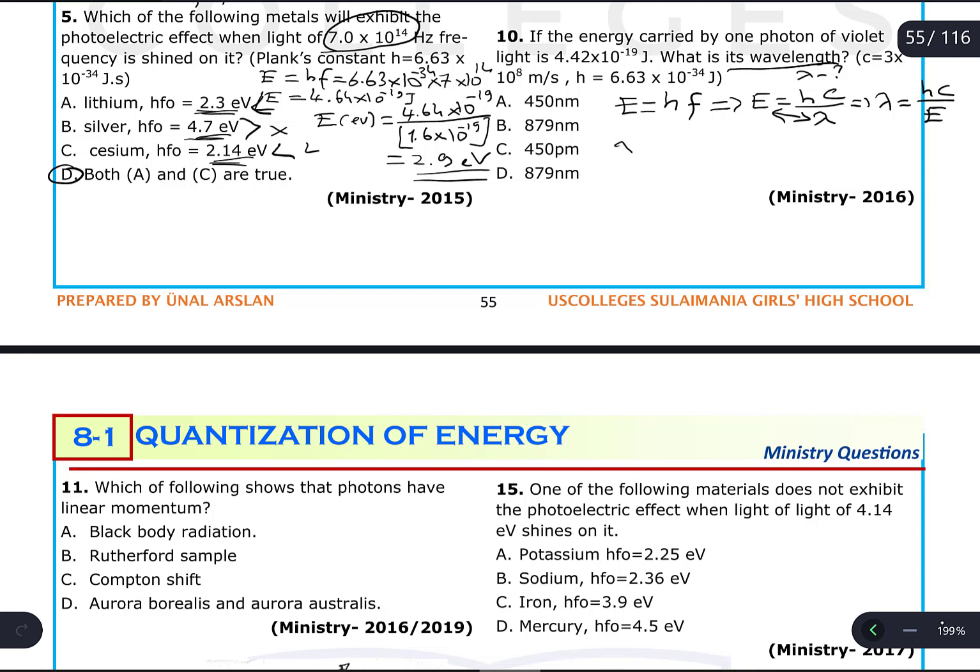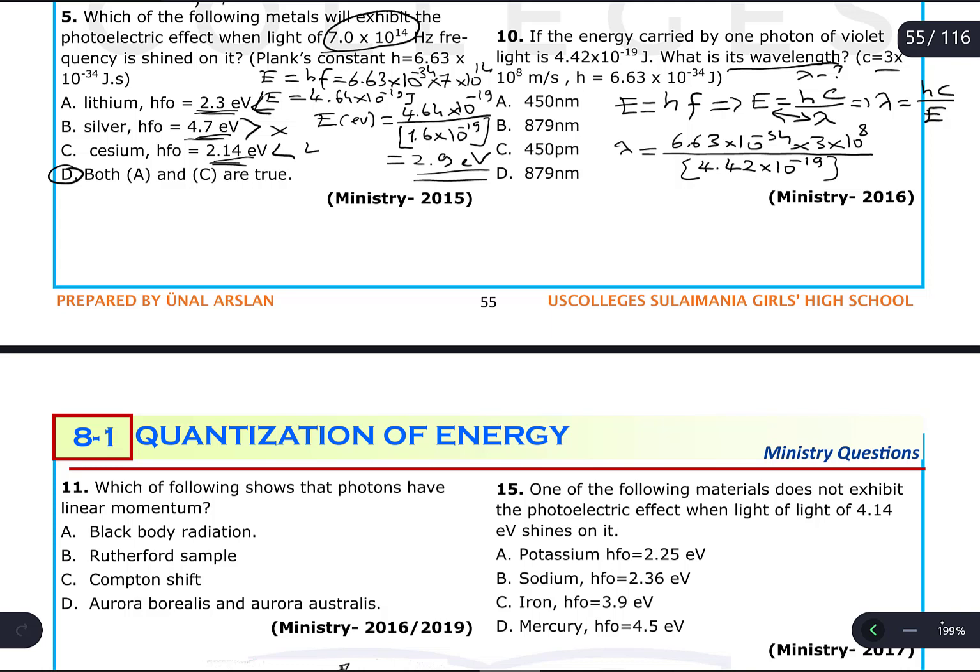Let's calculate the wavelength now. h is 6.63 times 10 to the power of negative 34, multiplied by the speed of light given in the question, 3 times 10 to the power of 8, divided by the energy of a single photon, 4.42 times 10 to the power of negative 19.